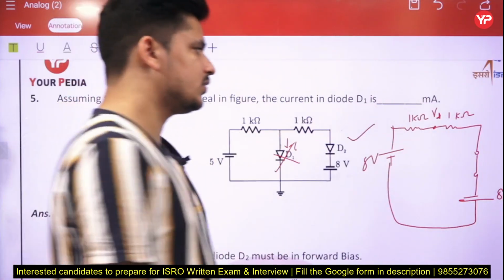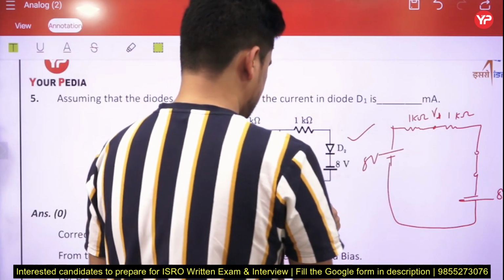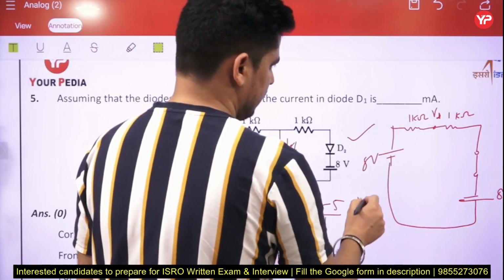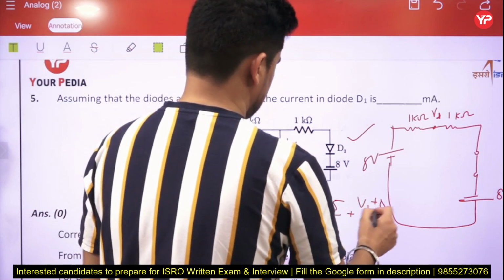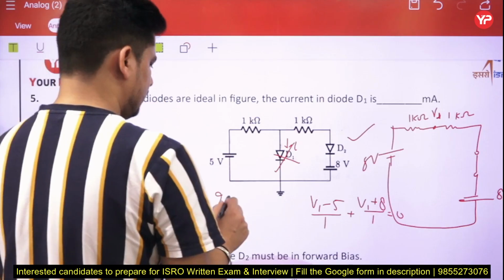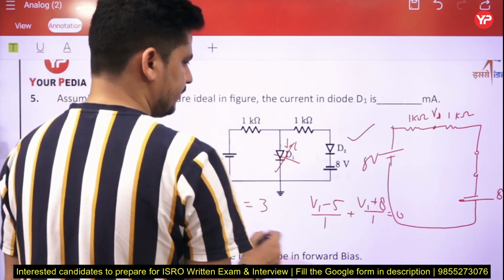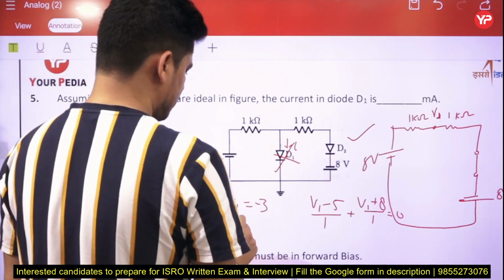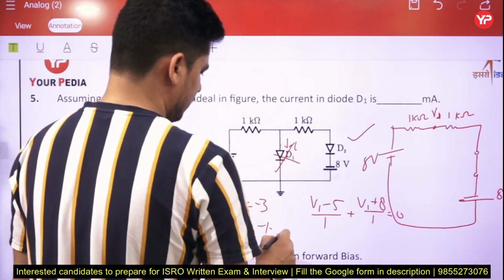We are trying to find this V1 voltage. By using nodal analysis, (V1 minus 5) by 1 plus (V1 plus 8) by 1 equals 0. From this, twice V1 is equal to 5 minus 8, that is minus 3, so V1 is going to be minus 1.5 volt.